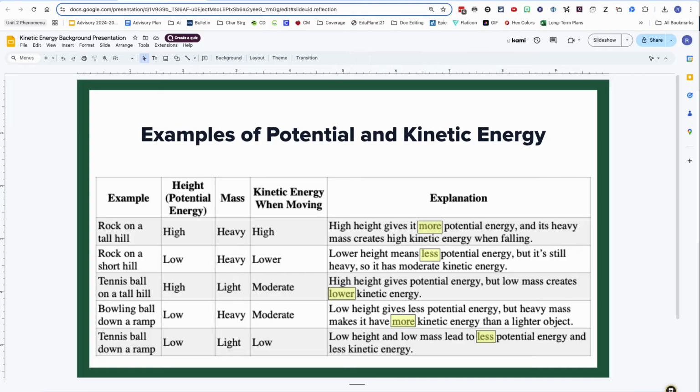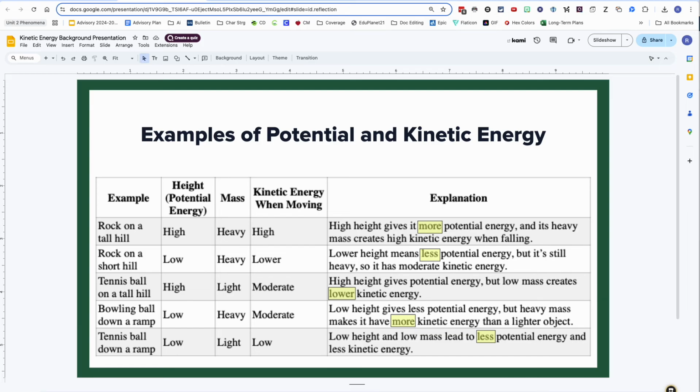The third example is a tennis ball on a tall hill. It has a high level of potential energy, a light mass, and a moderate amount of kinetic energy when moving. Its high height gives potential energy, but its low mass creates lower kinetic energy. The fourth example is a bowling ball rolling down a ramp. It has a low amount of potential energy due to its position, not being very high on the ramp.